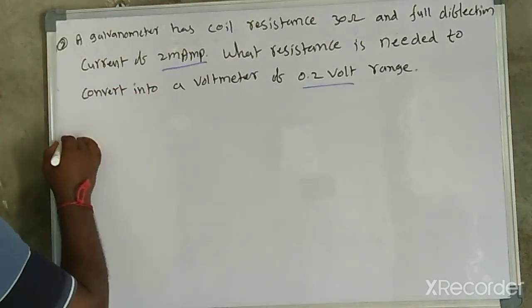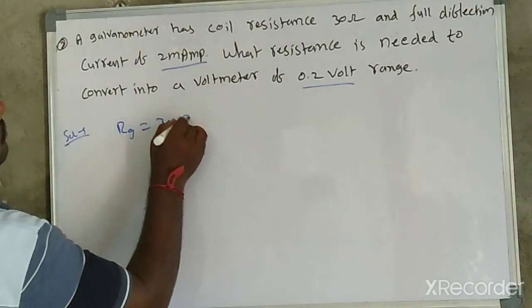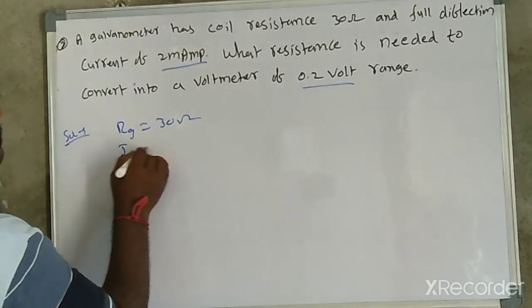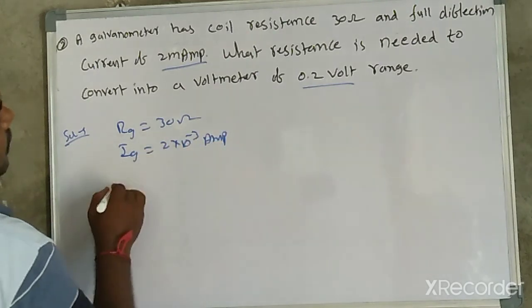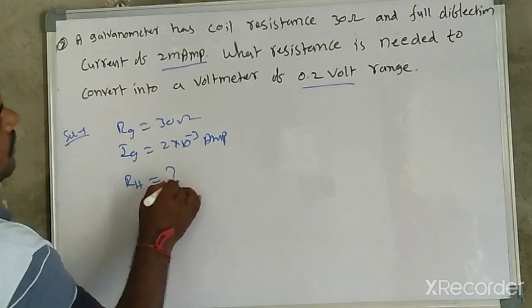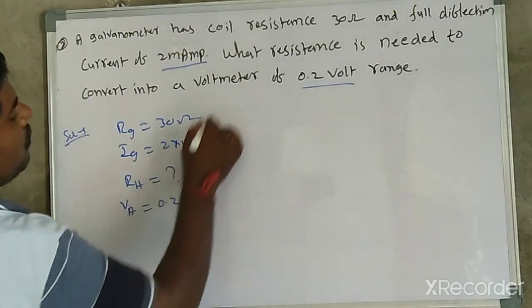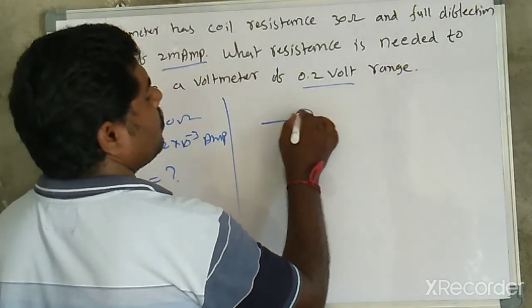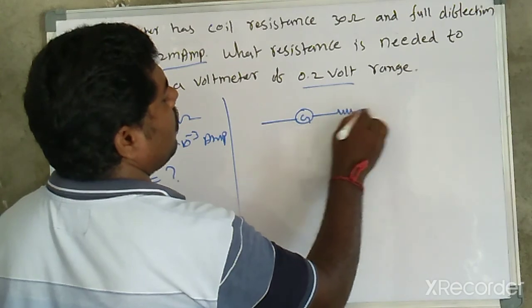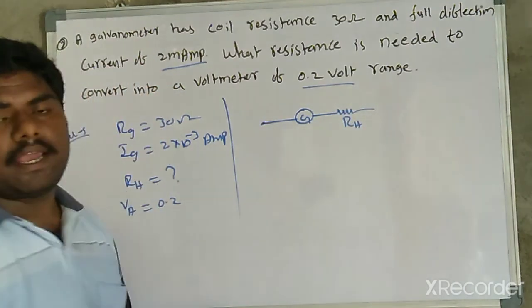So here the solution, given data: Rg is given as 30 ohms, Ig is given as 2 into 10 to the power minus 3 ampere, RH is what they are asking, and V is given as 0.2. According to this question you may draw the diagram. So this is G, this is the RH.